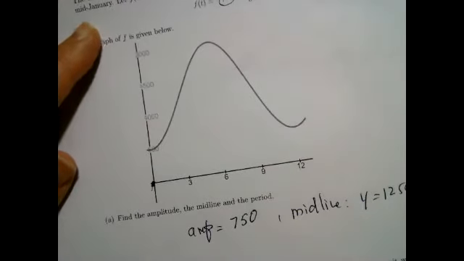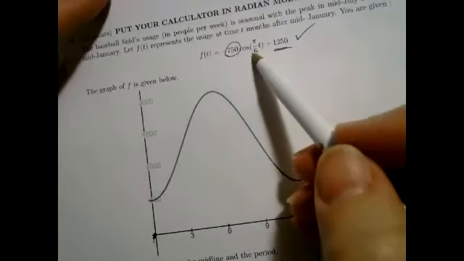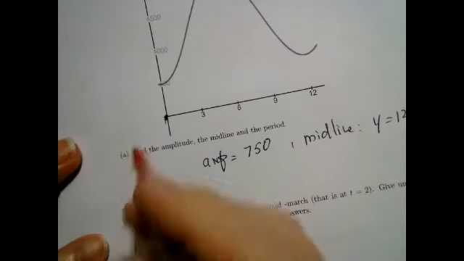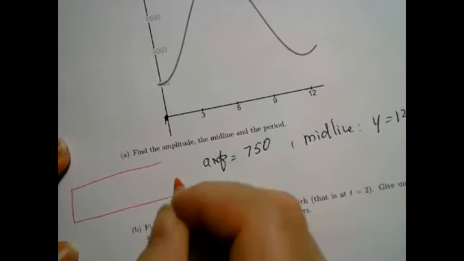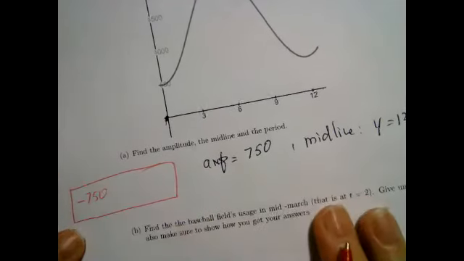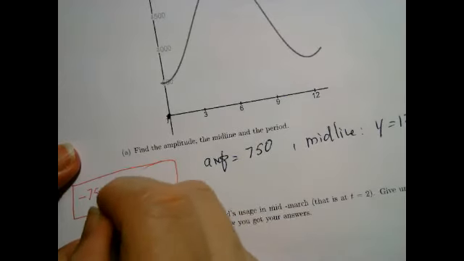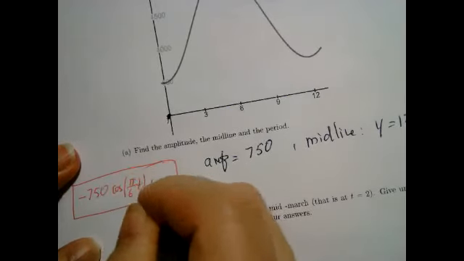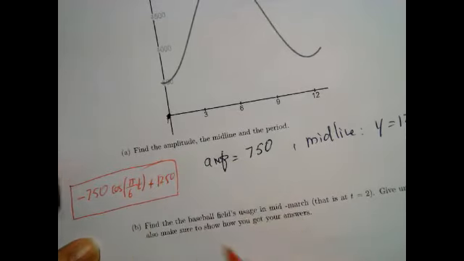Now for the period, let us be very careful. I will write the function in front of me because it makes it easy to find. The function is minus 750 cosine pi over 6 t plus 1250.